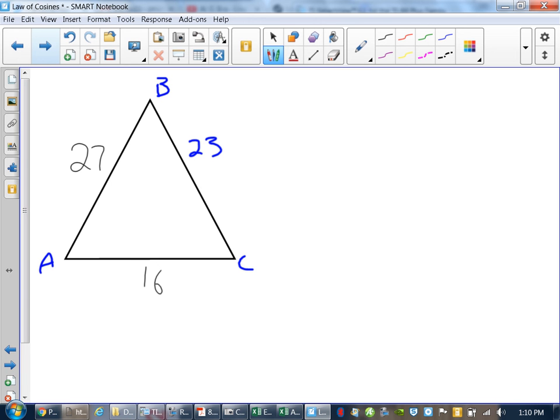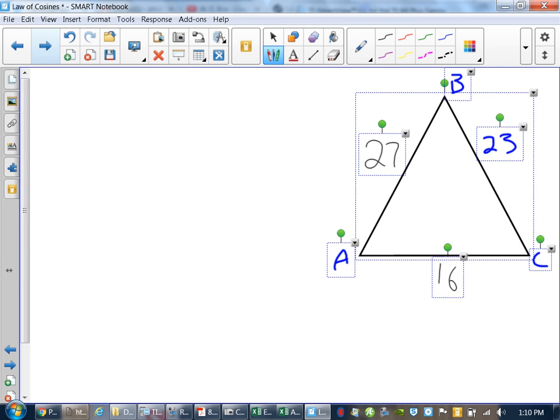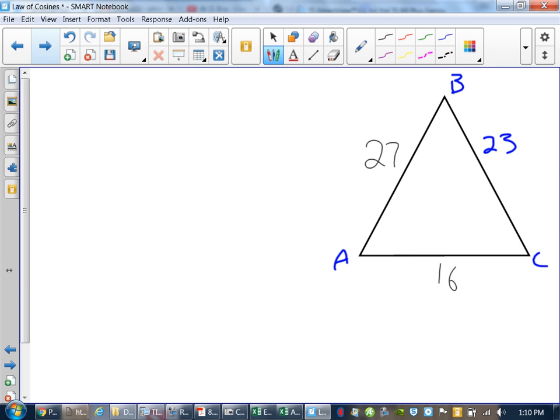So which of the three equations are you going to use? The c squared equation. Write it out. And then, once again, you fill in the blanks.